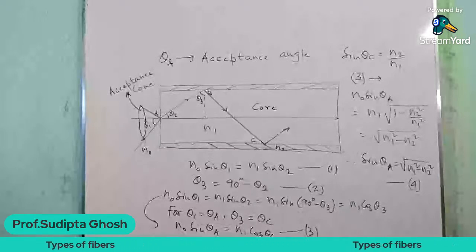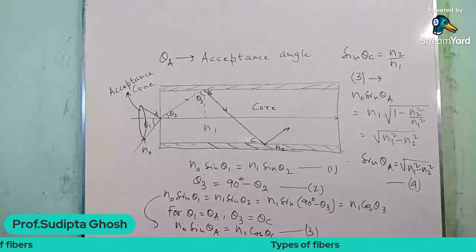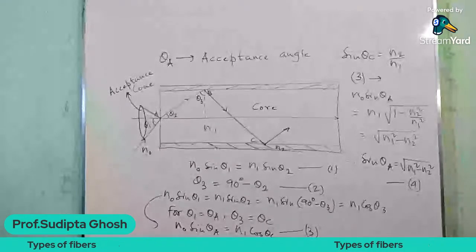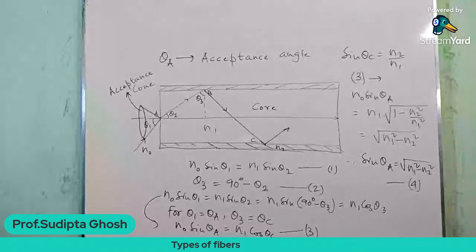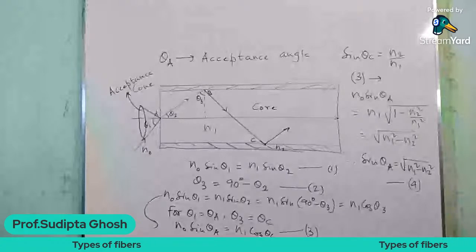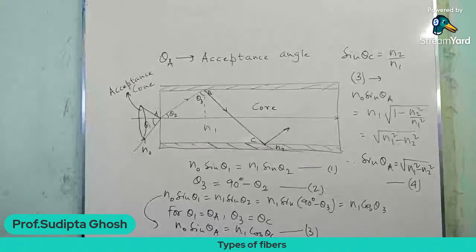It shows what the incident angle, or the launching angle, of any optical pulse or ray within a fiber should be so that it does not suffer any radiation losses and goes through the fiber via total internal reflection. Is it okay?